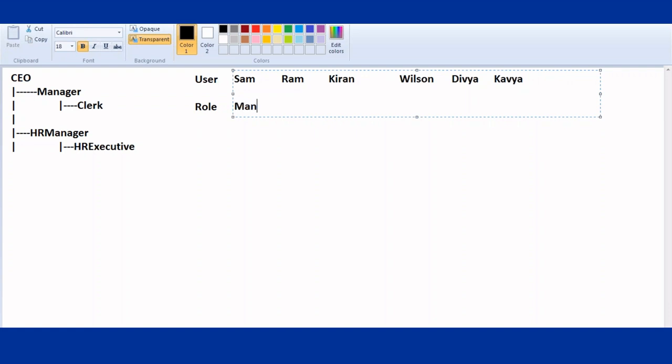We have a role called manager, HR manager, HR executive. So we have users and roles. Users Sham, Ram, Kiran, Wilson, Divya, Kavya, and we have HR manager, HR executive. We got a structure.